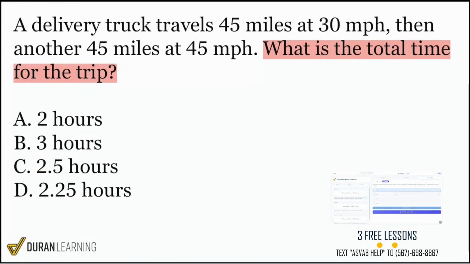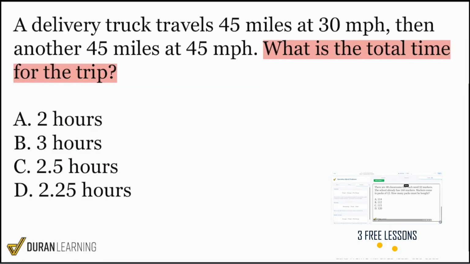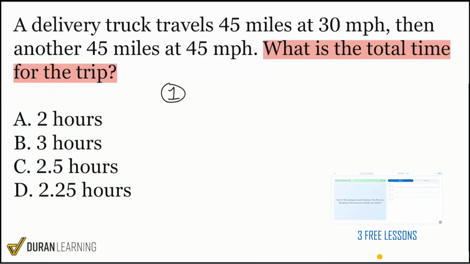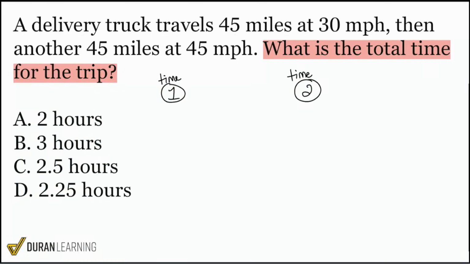How many parts to this trip are there? There are 2. So I'm going to mark part 1 and part 2 of my trip. If I can find the time for part 1 and the time for part 2, like we said, we would add those times together and we can get the total time.